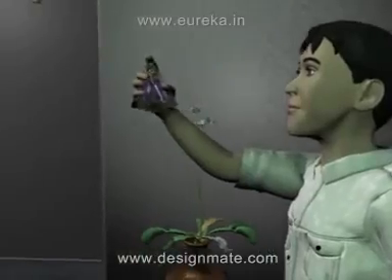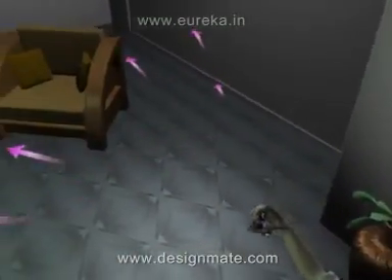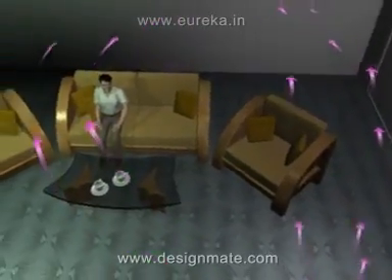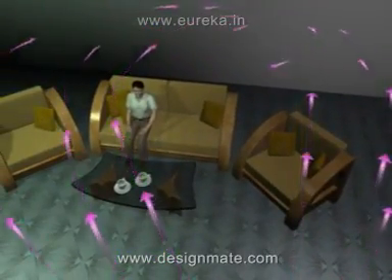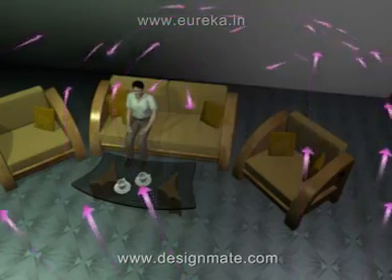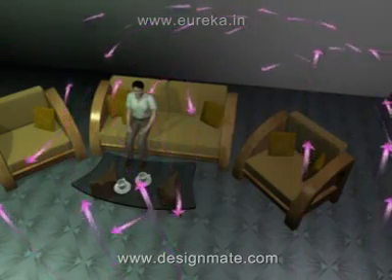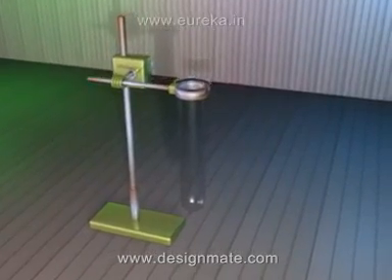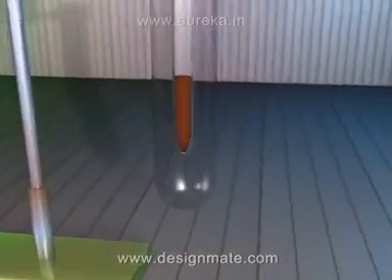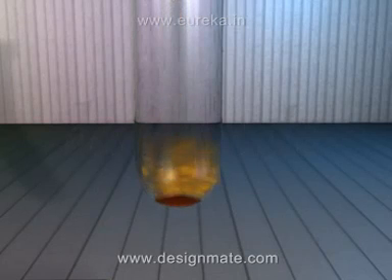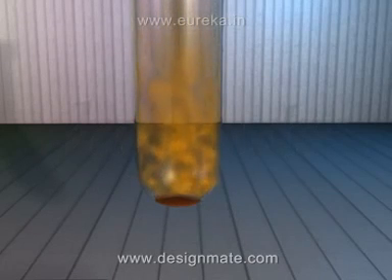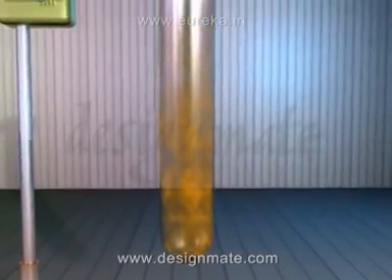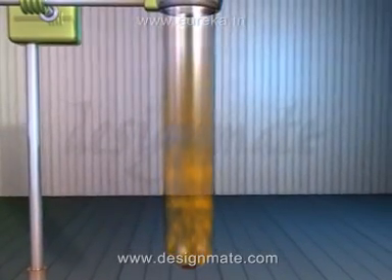When we spray some perfume, even in one corner of the room, immediately its fragrance spreads throughout the room. This is an example of diffusion occurring in gases. Consider a setup in which a few drops of liquid bromine are placed in the bottom of a test tube. The liquid bromine immediately evaporates into a reddish-brown gas.